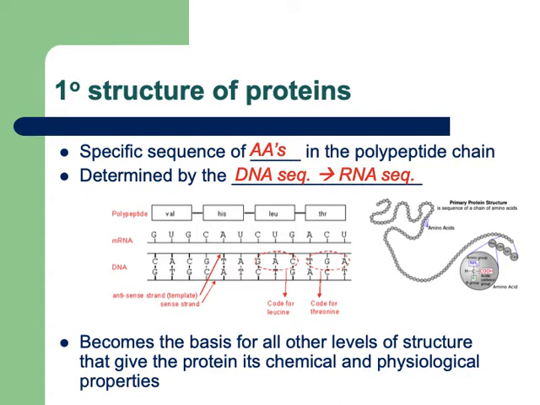So this is how that polypeptide chain is developed, which is our primary structure of a protein. It comes from the DNA, which is communicated to the mRNA and then translated into a polypeptide. This becomes the basis for all the other levels of structure that give the protein its chemical and physiological properties.